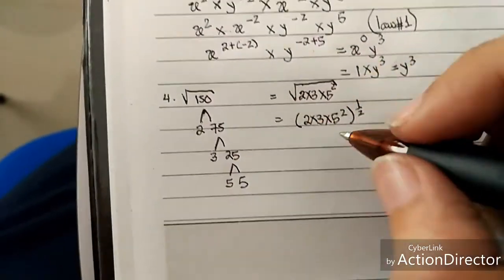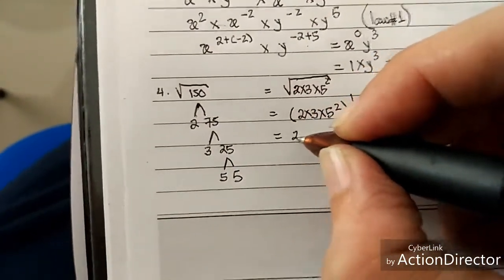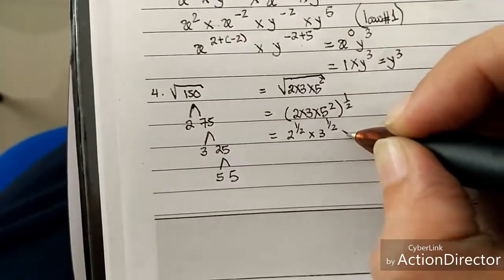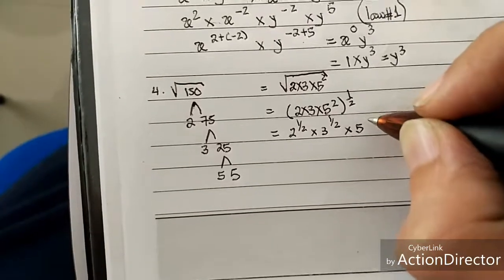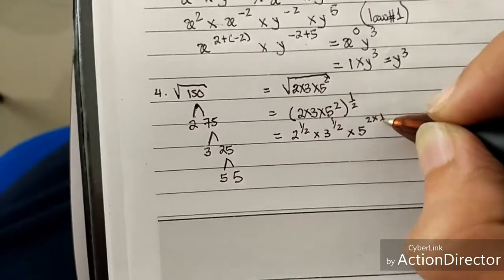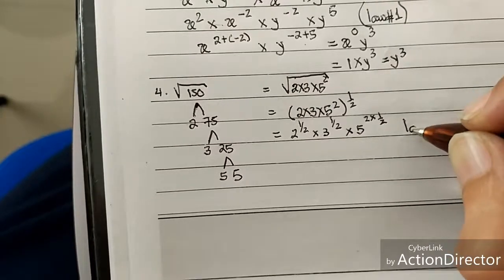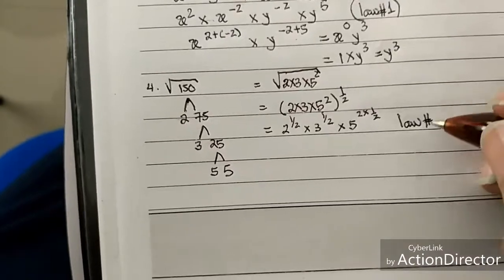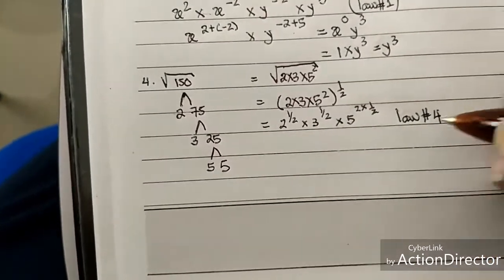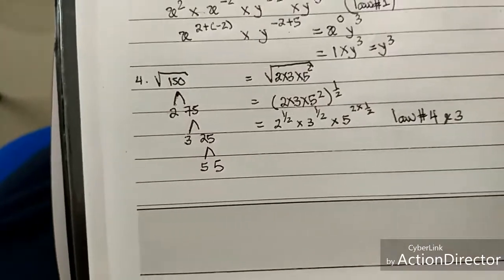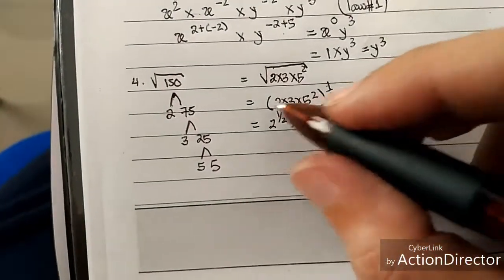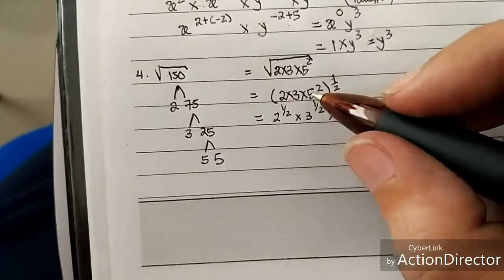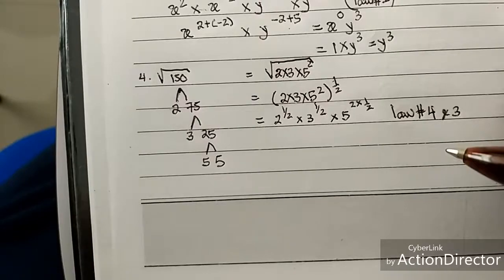Now I can do it like this: 2 to the power of half times 3 to the power of half times 5 to the power of 2 times half, which uses law number 4 and 3. The distribution here is like law number 4, and this one with this is law number 3.